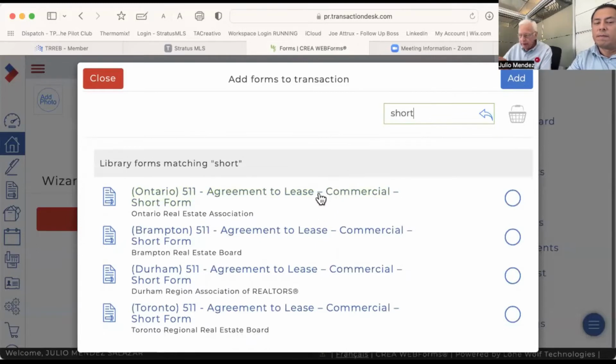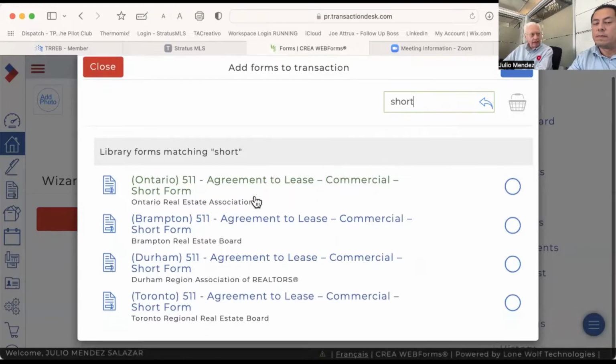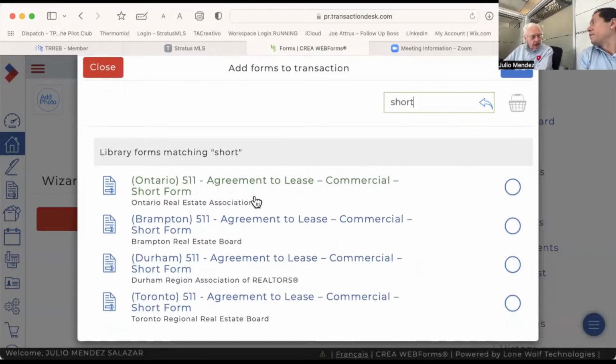This is just the agreement to lease or offer to lease. Probably the landlord may have a standard lease agreement that will be signed after everything is agreed to in the agreement to lease by the landlord and the tenant. Very good. So we have form 511, agreement to lease commercial short form. That's the one.